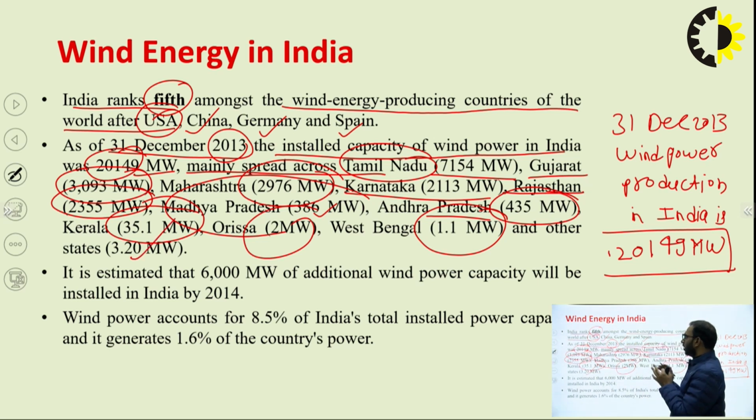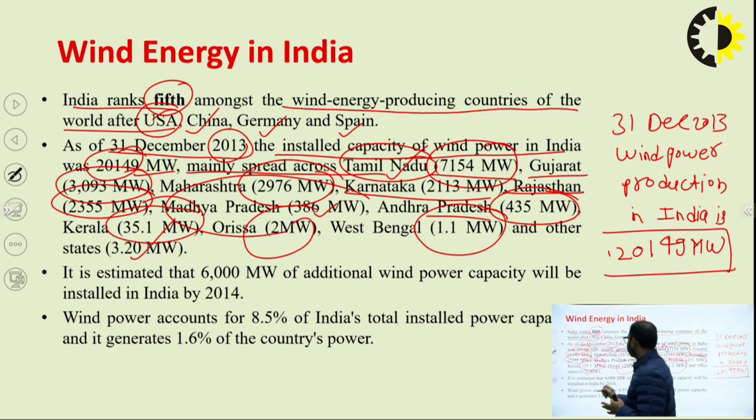Means, of the 20,149 megawatt, the first state whose contribution is more compared to other states is Tamil Nadu, and the production rate is 7,154 megawatt.